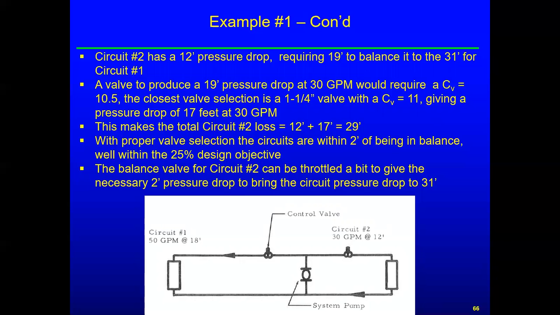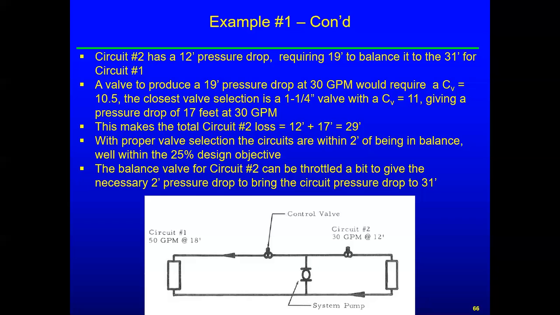And so the 17 plus the 12 gives 29. The first circuit is right at 31, and the second circuit is 29. So that means I have to use the balancing valve in circuit 2 to crank in 2 more feet of drop in order to balance them.